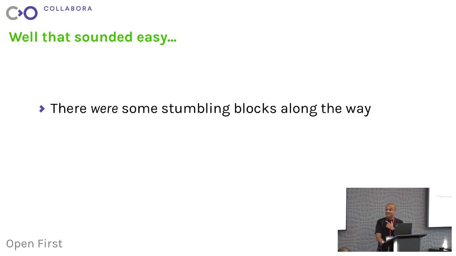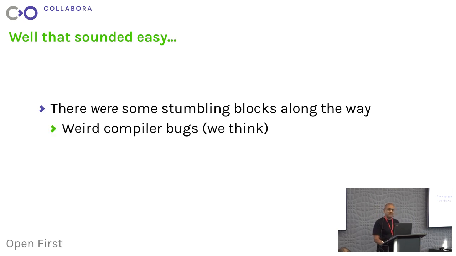So that sounded easy. There were some stumbling blocks along the way, of the fun variety. At one point, we think, there was a weird compiler bug. Remember, we're compiling an ELF executable and using bizarro objcopy hacks to make a PE32 executable out of it, so there's a lot that can go wrong in there. Given that, I'm surprised this only really cropped up once.